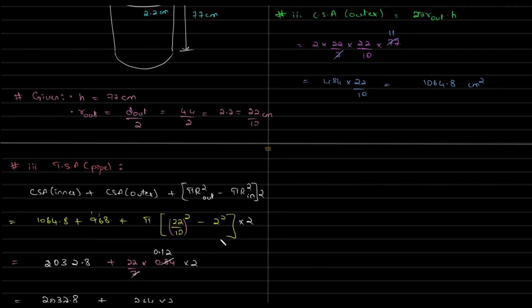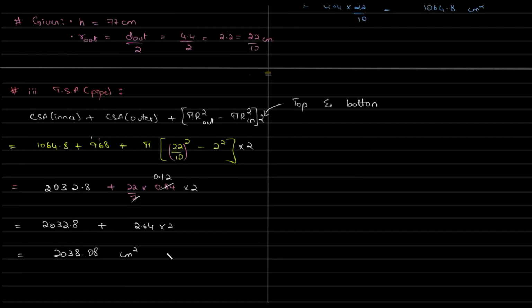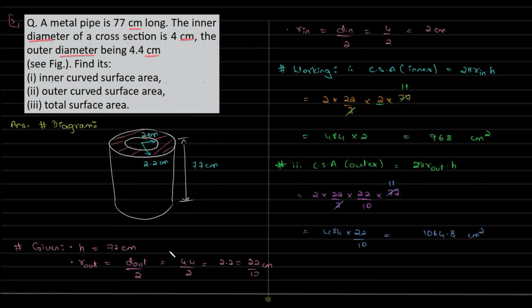And this is not that difficult. I hope you guys understood why too, because top and bottom, I just showed you guys and I forgot. And so you have this particular answer.